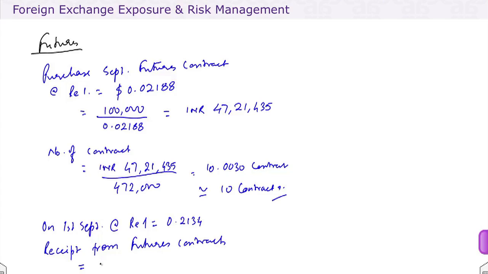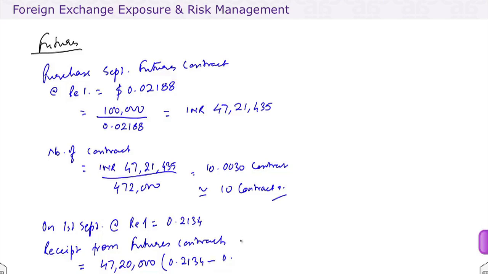Since you are taking only 10 lots, it would be 47,20,000 into, since you're quoting it in dollars, you are closing it at 2134 and you entered at 2188.